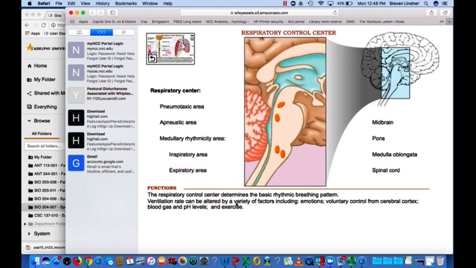The respiratory control center determines the basic rhythmic breathing pattern. Ventilation rate can be altered by other factors, including your emotions, right? If you're anxious, that's going to increase it. Voluntary control from the cerebral cortex, blood gases and pH levels, and of course, exercise.